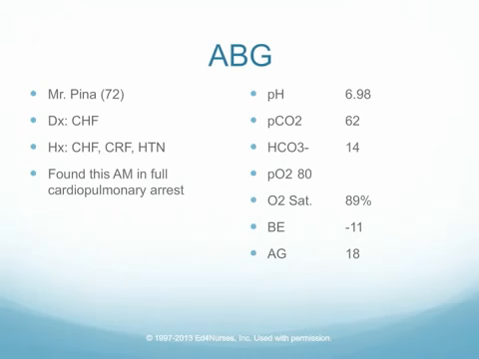Which one is causing the biggest problem? Well, right now it kind of looks like the metabolic system is contributing at least a big factor to this acidosis. Lastly, we look at the anion gap. Anion gap of 18 is above the normal range, and that would indicate that the patient has a metabolic acidosis caused by shock.